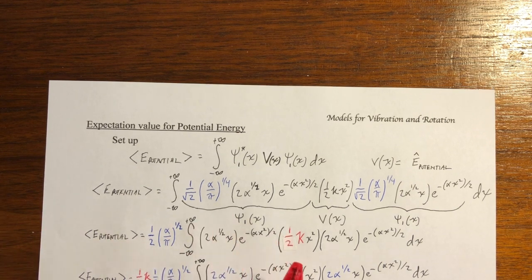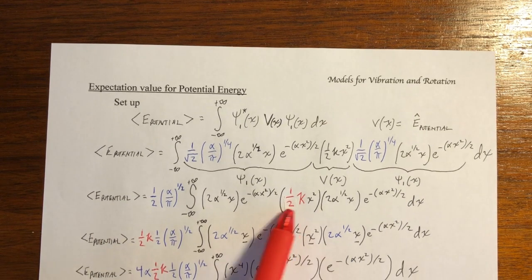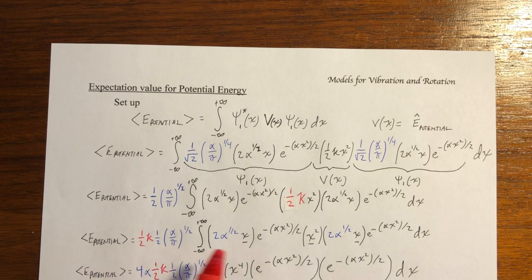And so this 1/2 k comes out and joins the other coefficients in front of the integral here. And now what we're left with is 2 alpha raised to the 1/2 times x times e raised to the negative alpha x squared over 2 times x squared, which is coming from our potential energy, times 2 alpha raised to the 1/2 times x times e raised to the quantity negative alpha x squared divided by 2.